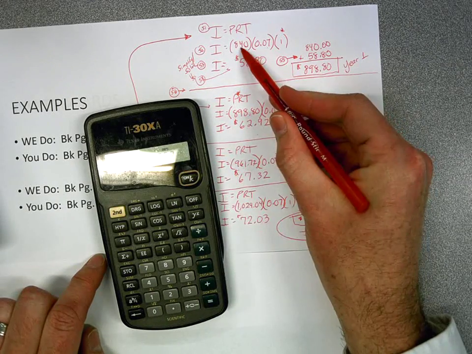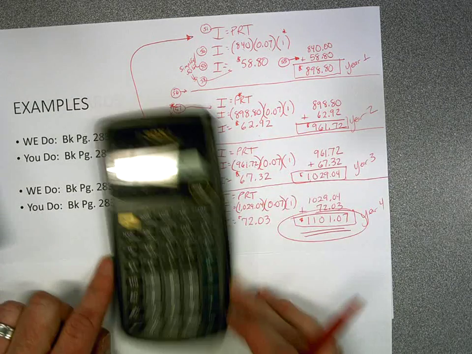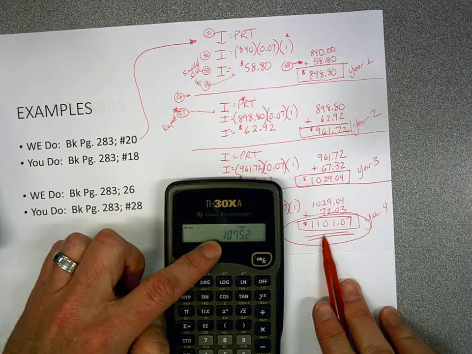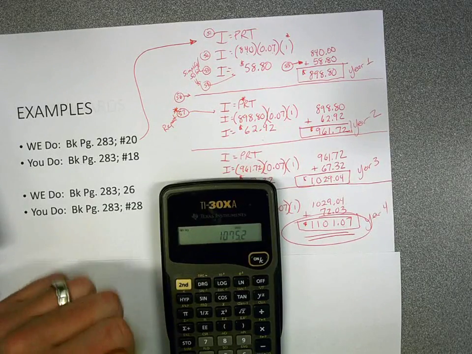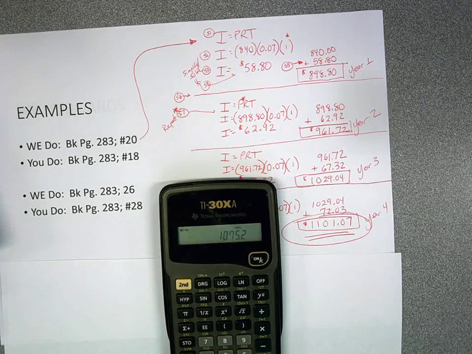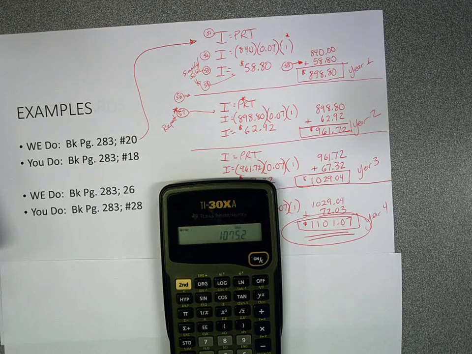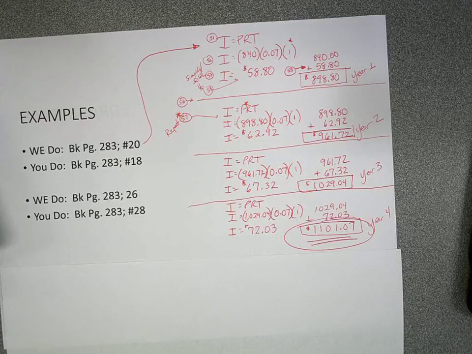You add it with the 840, right? And see? It's a little bit of a difference. Not a whole lot, though. That's $1,075.20. So that's why I say it's an estimate. But if it's compounded annually, that is what that looks like.